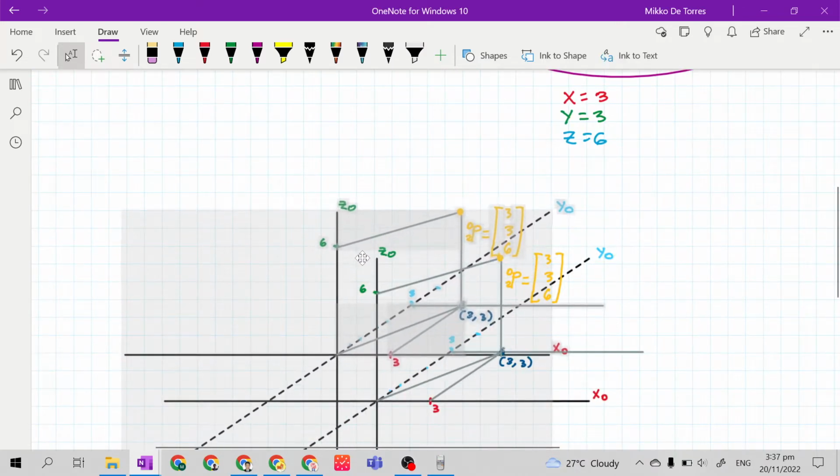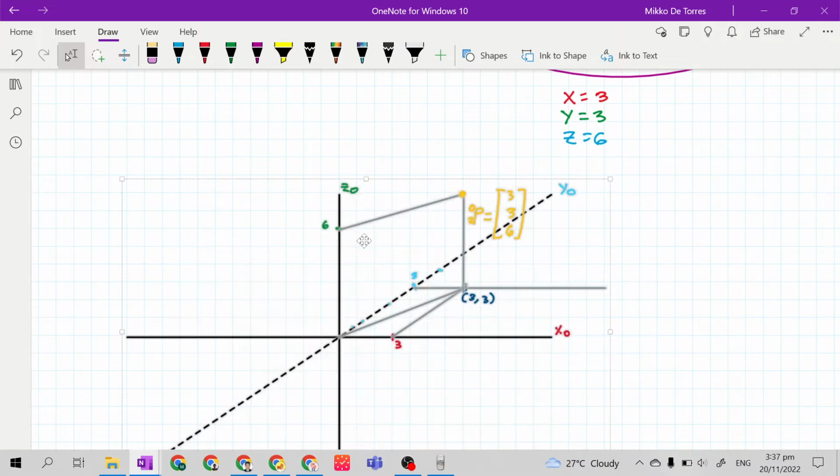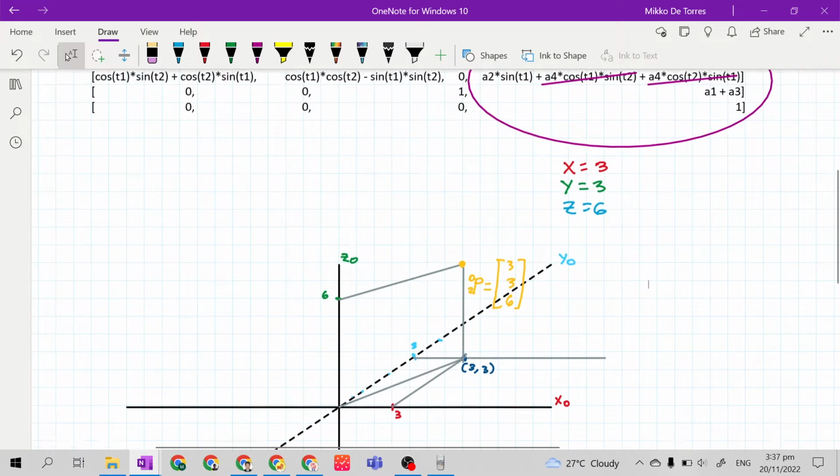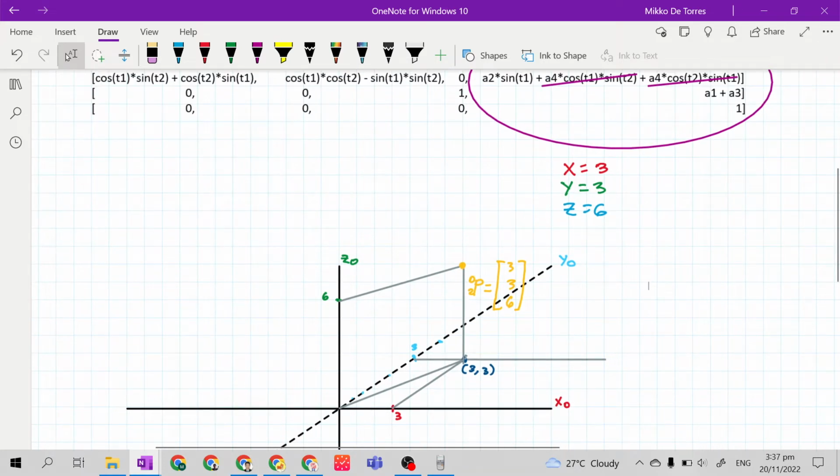Okay, so if we manually search where is 336 in our three-dimensional Cartesian coordinate system, it will look like this.